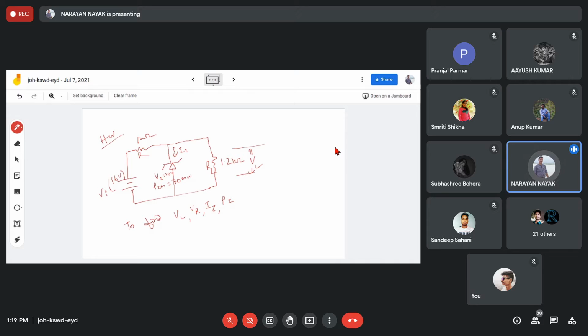You know the voltage VZ, and once you get the current, you do IZ into VZ. So how do you calculate IZ, VR, and VL? I have given this as homework. Very easy. You have to see how the current flows and find the difference. Use KVL, then you can find the answer. Clear?